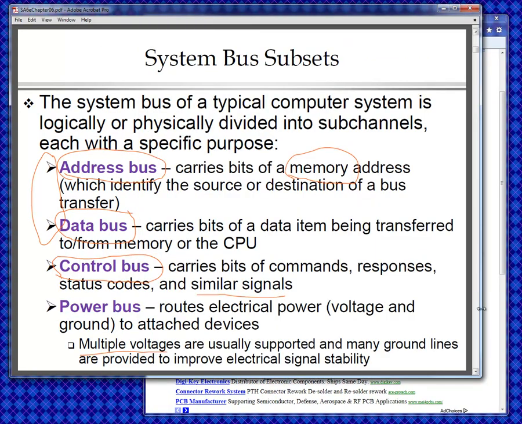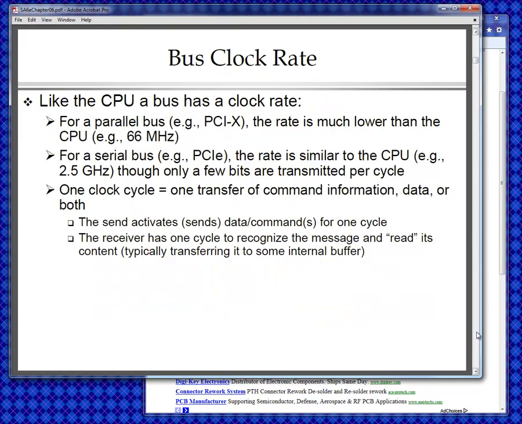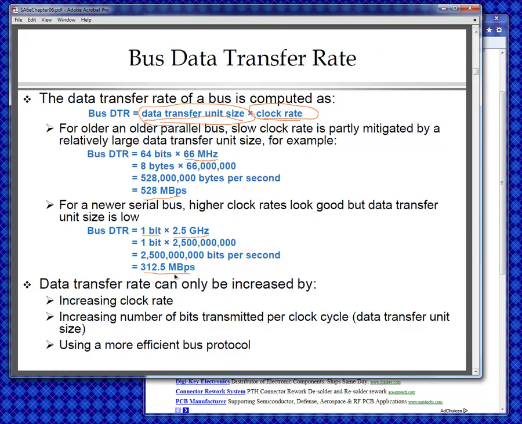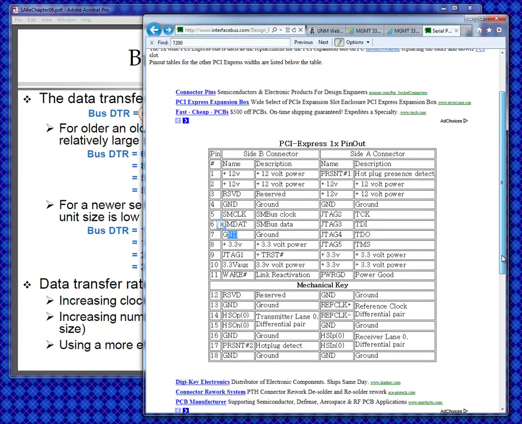All right, moving forward here a bit. Bus clock rate, as we said, we're operating at 2.5 gigahertz. We already saw that implies a raw data transfer rate of 312 megabytes per second.